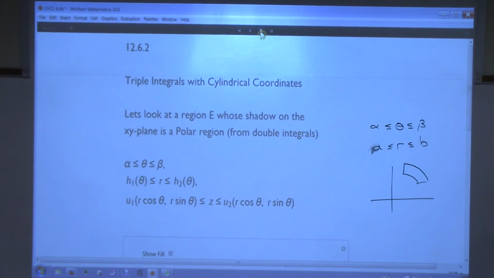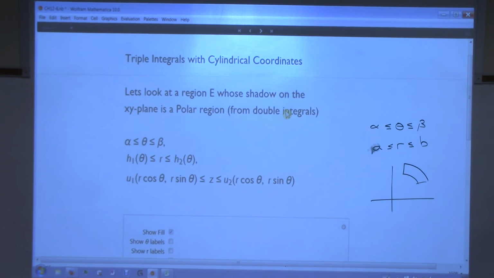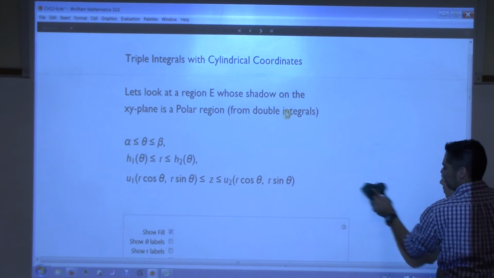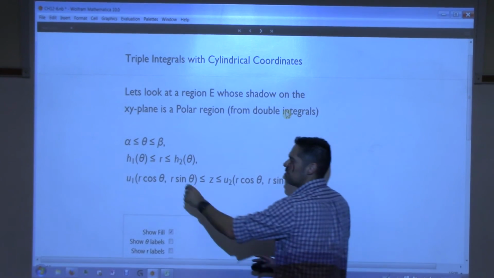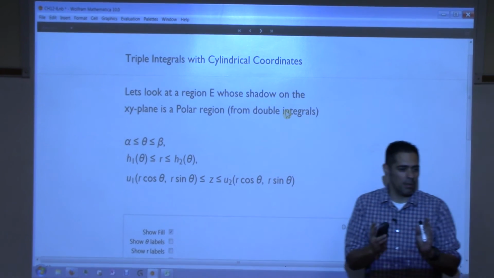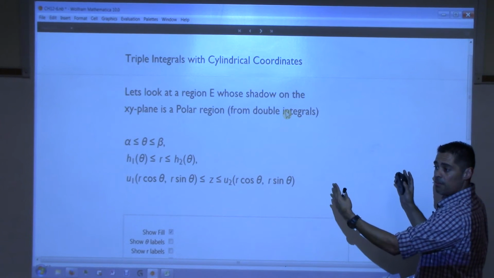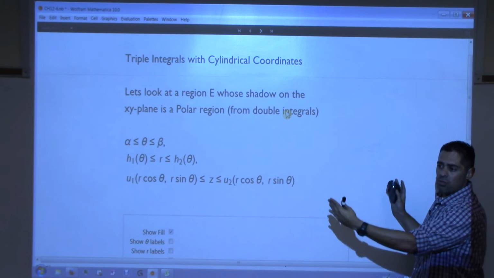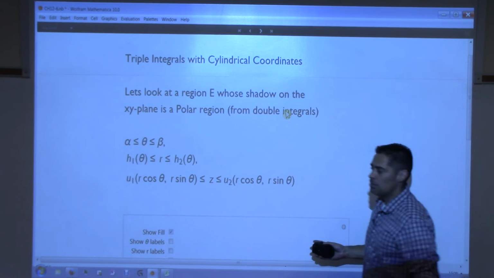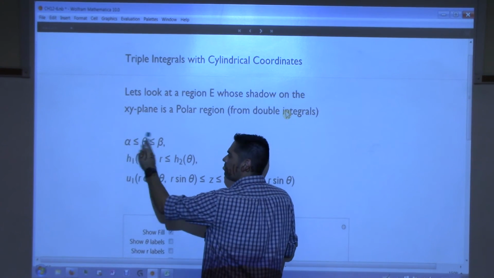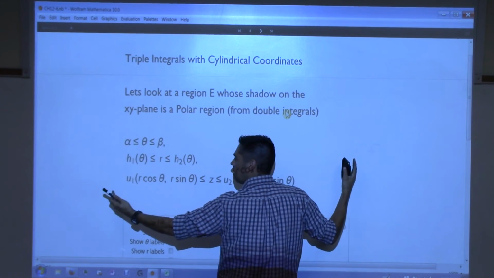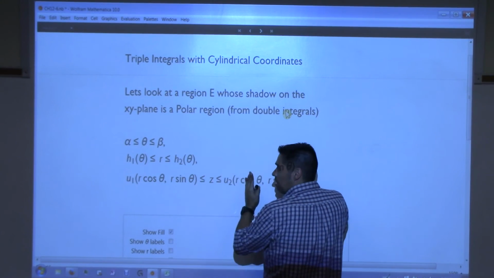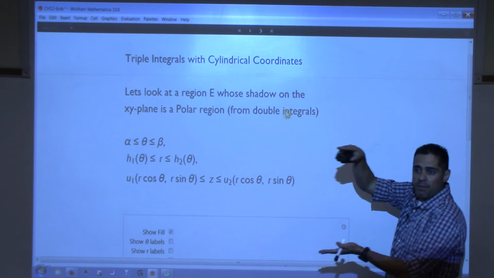So how does this help us in terms of doing triple integrals? Well, nothing changes in terms of the double integral. So if you think of a triple integral as a double integral with one additional integral inside, then the outer two integrals don't change. You still have theta as the outer integral. The next one in is going to be r. And then the inner integral is now going to be your surface top and bottom.